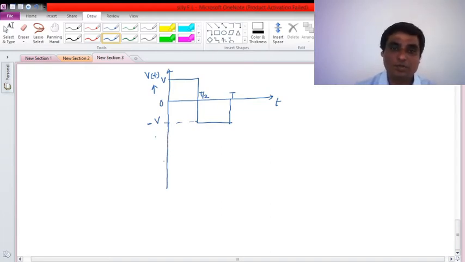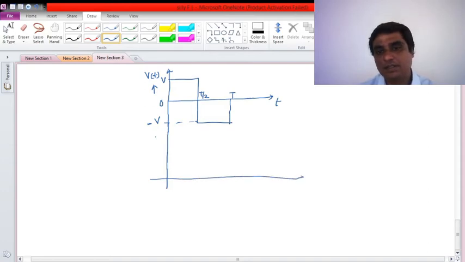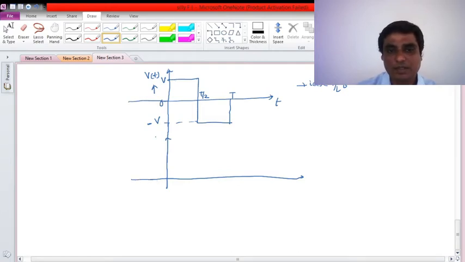In order to calculate it, this is my constant voltage from this time period to this time period. So obviously the current we know is V by L into t plus your initial condition, which was 0. Okay, fine. So what will be the current behavior here? From 0 to T by 2, this much volt second has been applied.